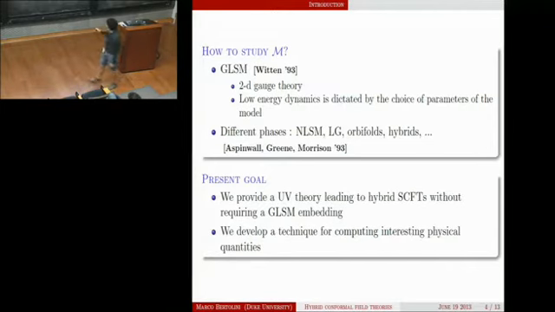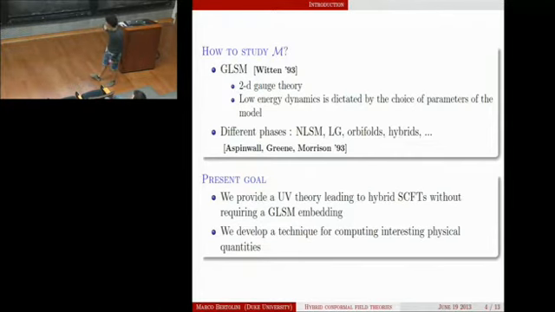So now we are in business for defining the goal of the work and therefore of this talk. We're going to provide a UV description leading in the infrared to what we call a hybrid superconformal field theory, without requiring a GLSM embedding.